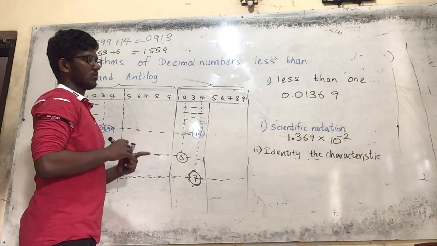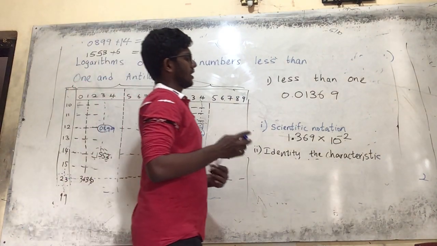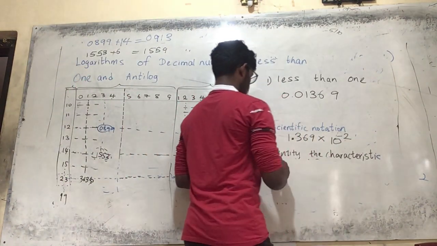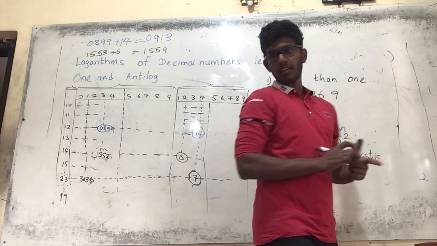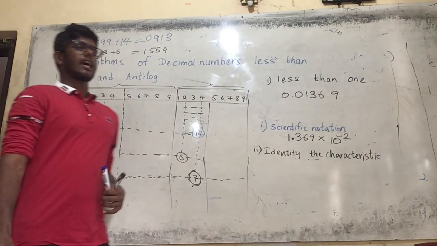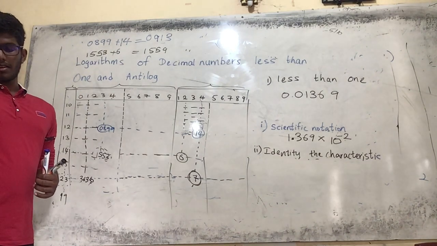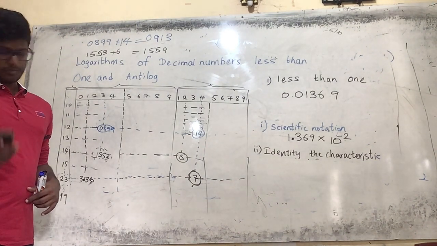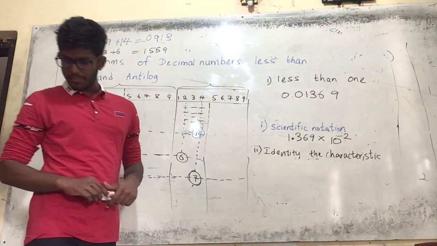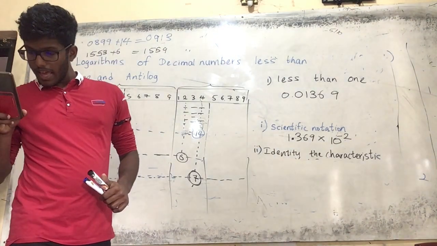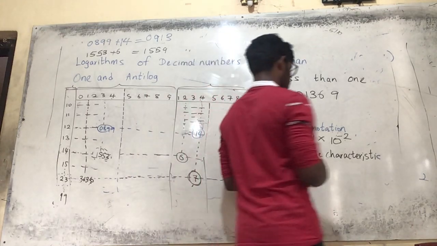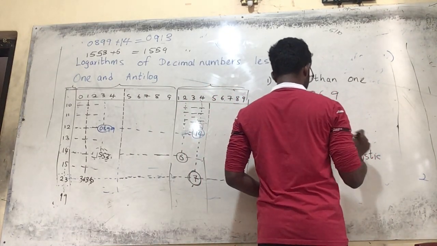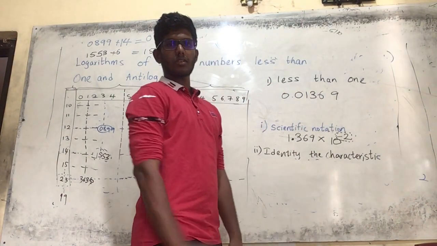Now, here you have the characteristic as minus 2. So you identify the characteristic as minus 2. If they ask what is the characteristic, you have to say minus 2.